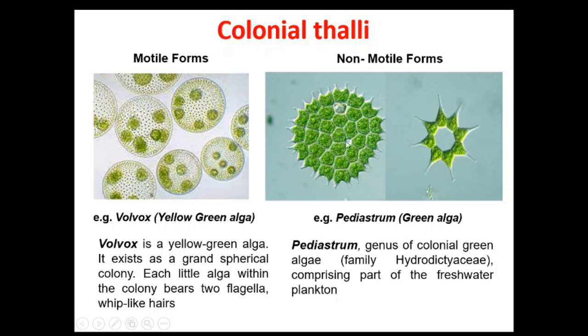Here the cells are without flagella. That means the colony is not able to move on its own. However, the colony can be carried from one place to another by water movement. So the colonial forms may be motile or non-motile. Examples are Volvox and Pediastrum.